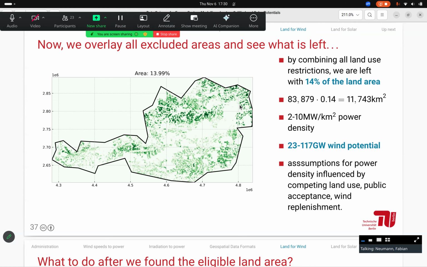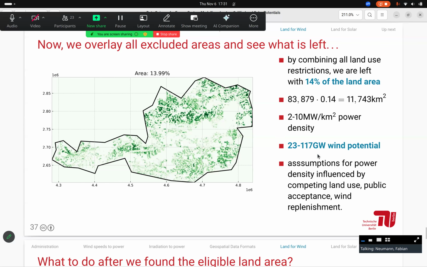And what we then typically do, if we want to have a rough estimate, is look at how dense we can build the wind turbines. So how many megawatts of wind turbines can we place in a square kilometer? Maybe 2 to 10 megawatts per square kilometer.